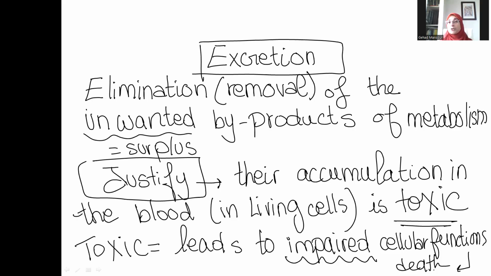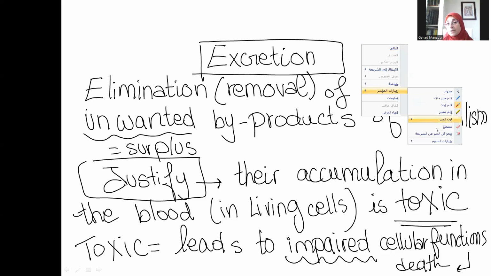We need excretion to avoid toxicity. We need excretion to allow the cells to continue functioning well. But we also need excretion in order to stabilize the internal environment of the body, so here we are explaining the importance of excretion.